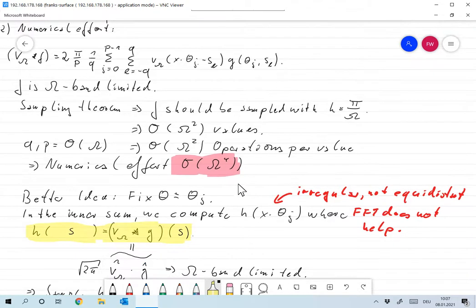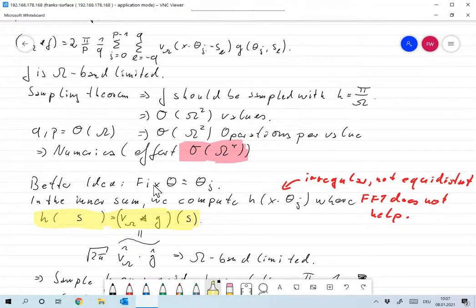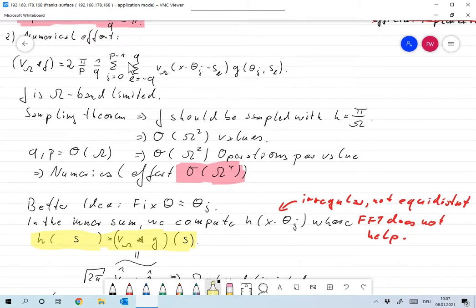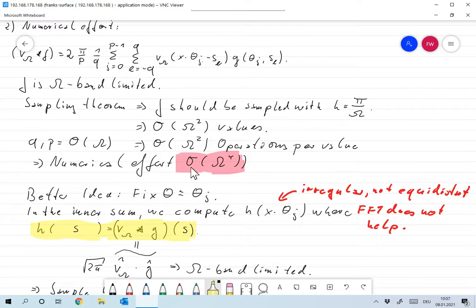And to get that, let's for a second fix theta as theta j. So let's fix one theta j and let's look at what is actually computed over here in the inner sum. Well, in the inner sum, we compute the convolution of V omega and g at the place x times theta j, right? I mean, this is the convolution because we've selected everything in such a way that the trapezoidal rule is exact.